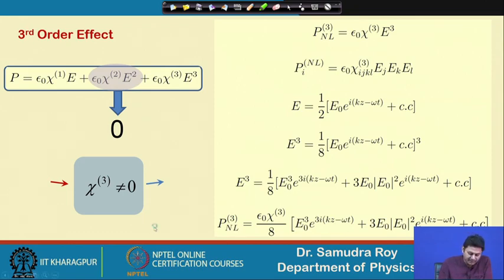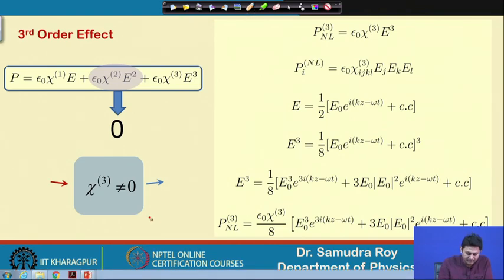I should write it here: χ^(2) is equal to 0, because I am dealing with some material which is centrosymmetric in nature. Then χ^(3) is the dominating term. If I launch something here, something will come out from this element which is nonlinear in nature in terms of χ^(3), where χ^(3) is not equal to 0.